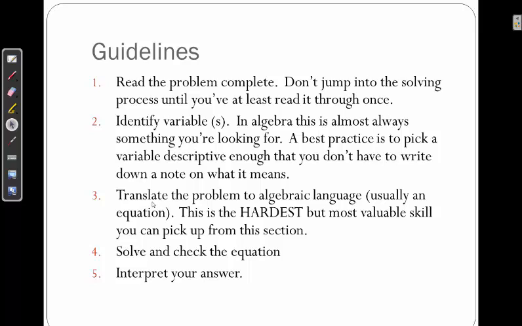Now, the hardest part for students, because this is where you take your math and apply it. You have to translate the problem to algebra. And that's almost always a matter of taking given information and turning it into an equation. Now this is the hardest thing, and it irritates students to no end, because I'm explicitly slowing down your problem-solving process. A lot of you can do a lot of these problems entirely in your head, and that's great.